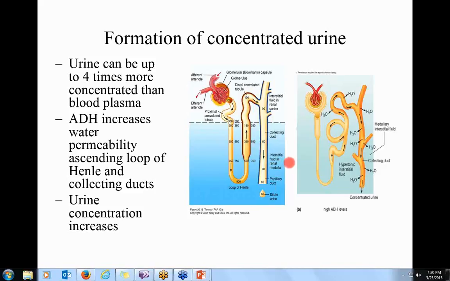So this is where antidiuretic hormone comes in. Antidiuretic hormone actually introduces aquaporins, and so the water passively comes out. So this leads to a very concentrated urine.